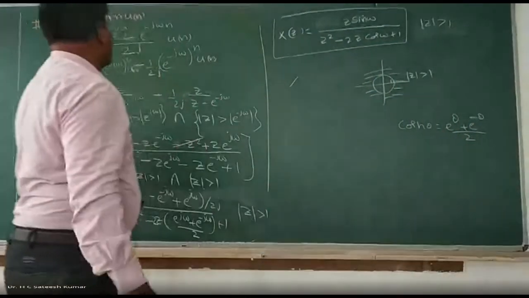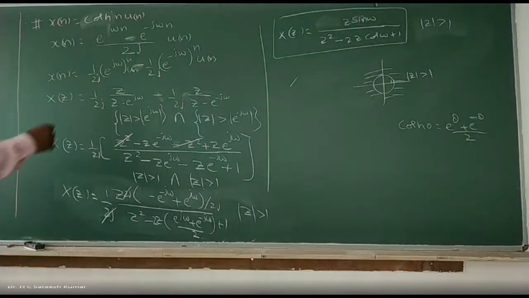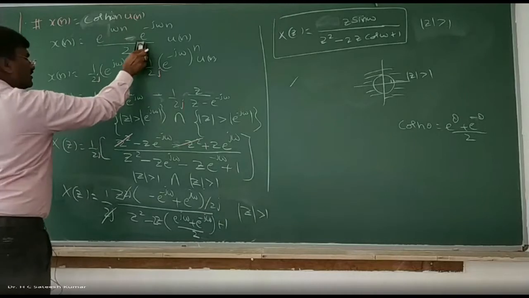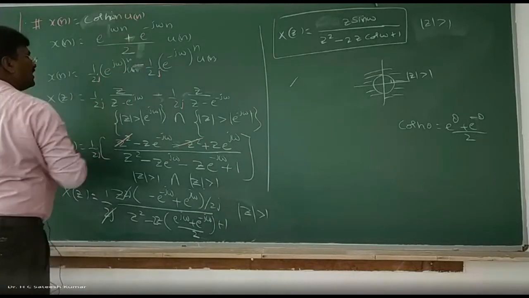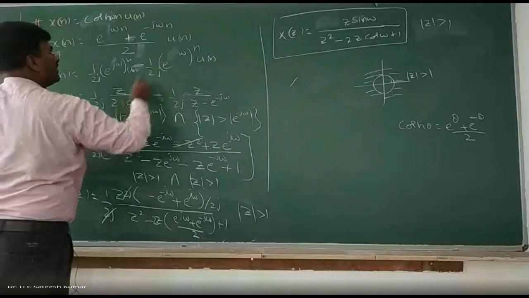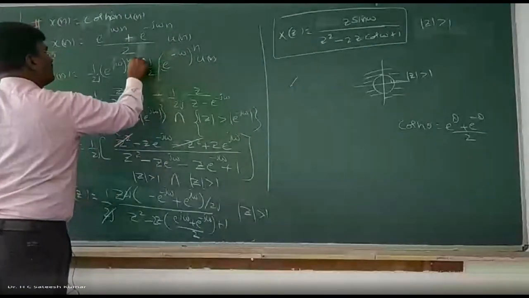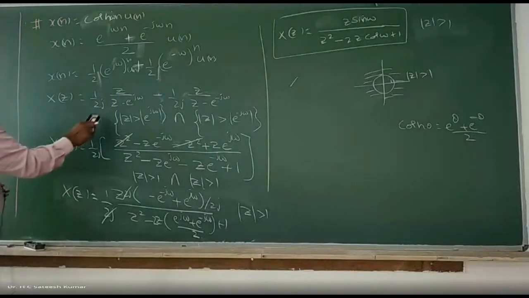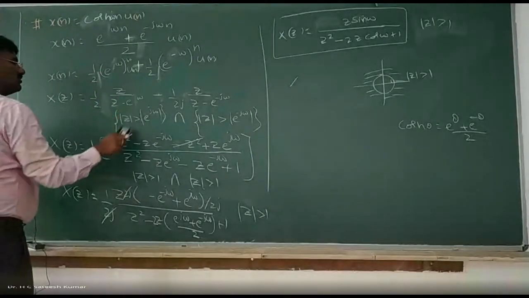So therefore, you can write for hyperbolic omega n: this will become plus and no j here, e to the power of omega n plus e to the power of minus omega n, and this j will not be there. So what do we get?